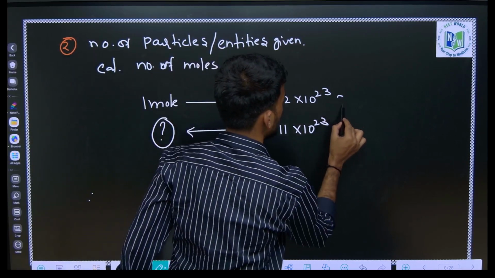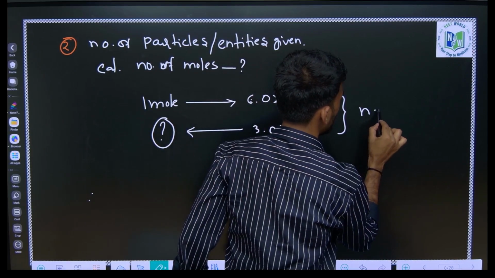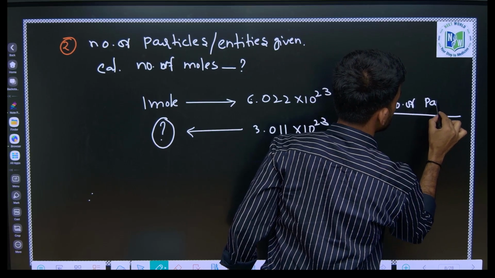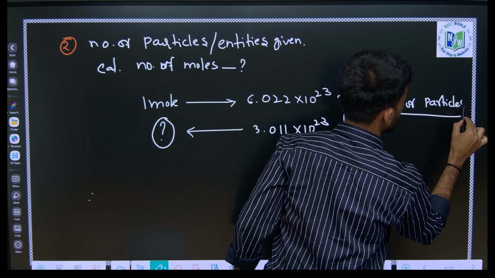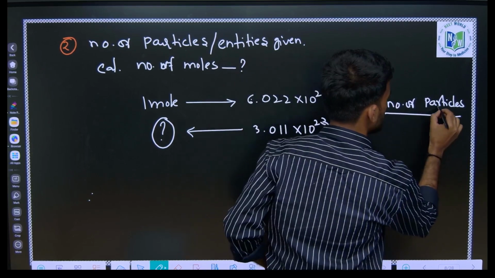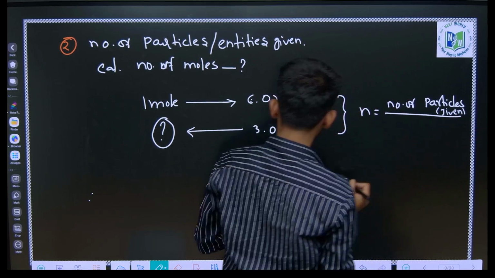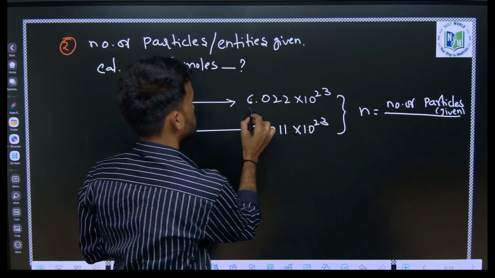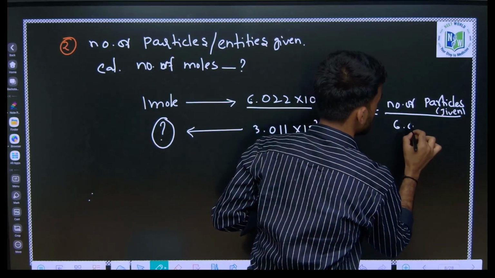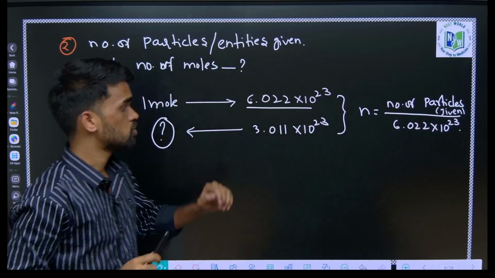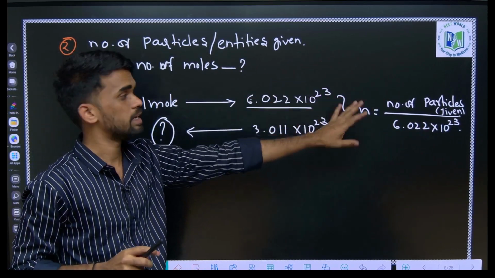So we can write the formula as number of moles equals number of particles divided by the Avogadro number, which we take as 6.022 into 10 power 23. If you do this, we are going to get the answer.